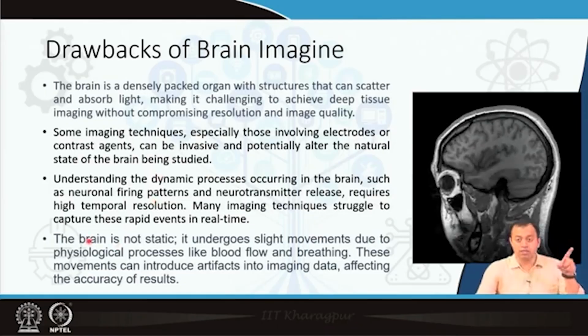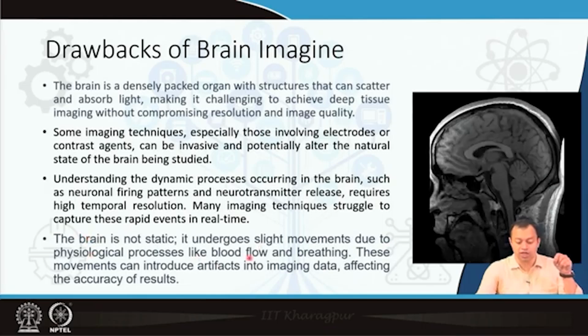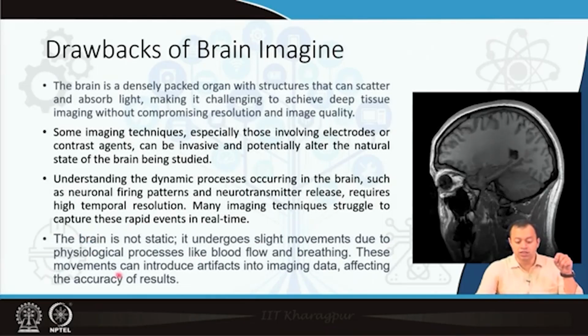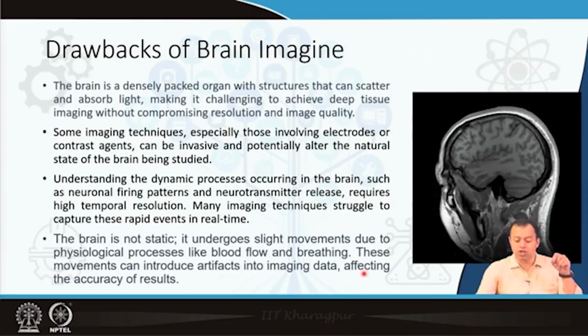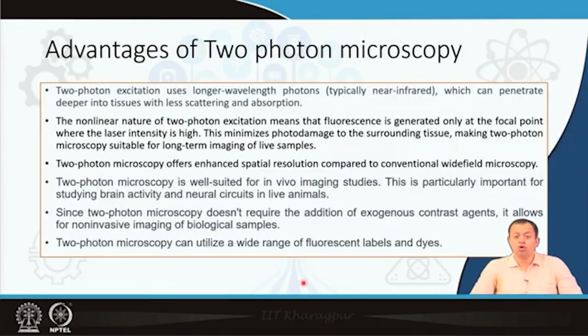And of course, the brain is not static; it undergoes slight movement due to physiological processes like blood flow and breathing. These movements can introduce artifacts into the imaging data, affecting the accuracy of results. So, what to do? There are several different techniques that we will see in the next two lectures as well, but in today's lecture let us deal with two photon microscopy.